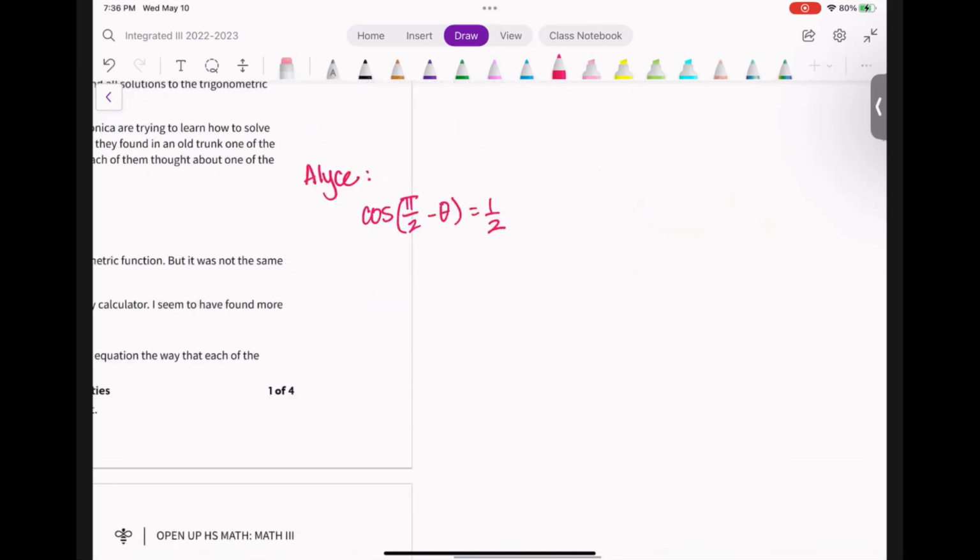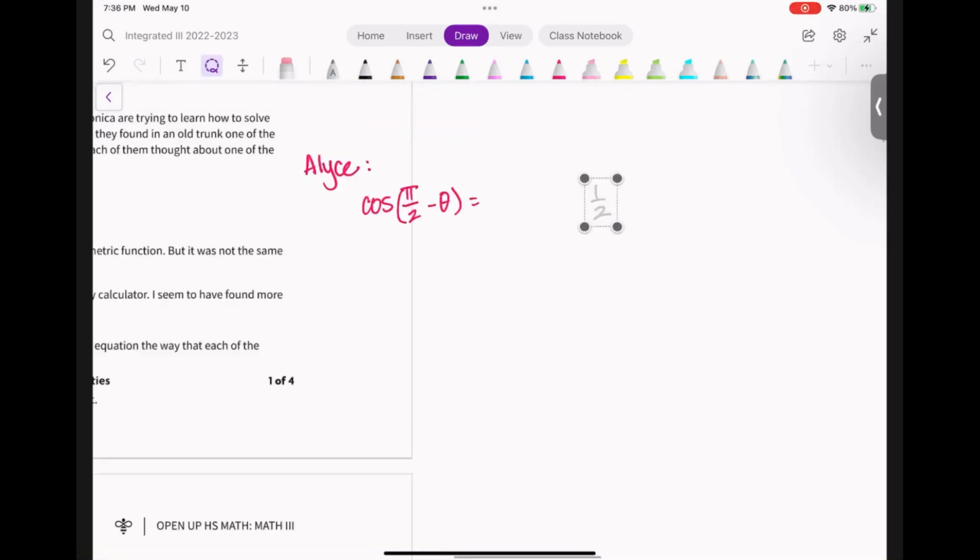This should make sense to you: if your variable is stuck inside a trig function, you just use the cosine inverse or the sine inverse, whichever one you see, and that will undo it. Just like multiplication and division, they're inverses of each other, they undo each other. Same thing goes here.